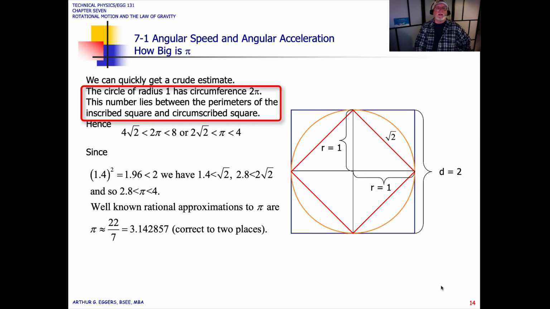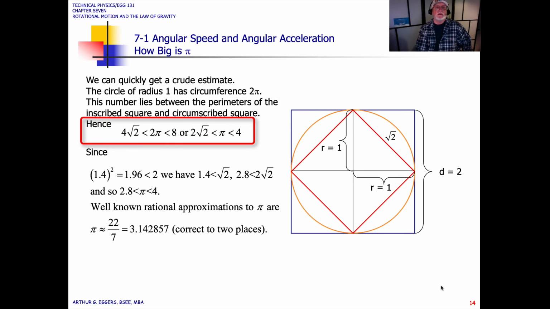So mathematically, 2 pi is greater than 4 times the square root of 2, which you can see the length here. Here's the square root of 2. 4 times that would be 4, all the way around.